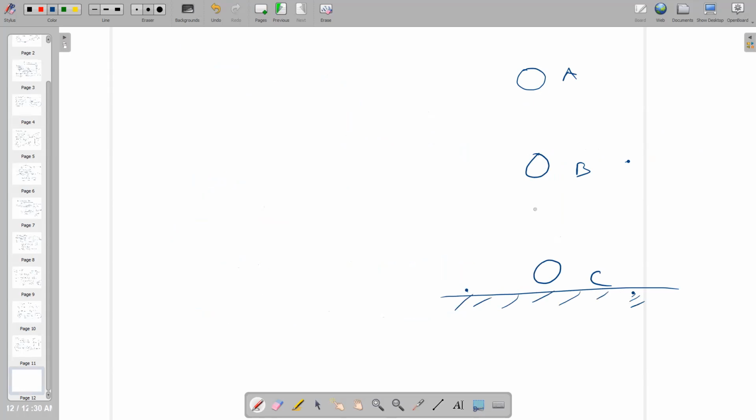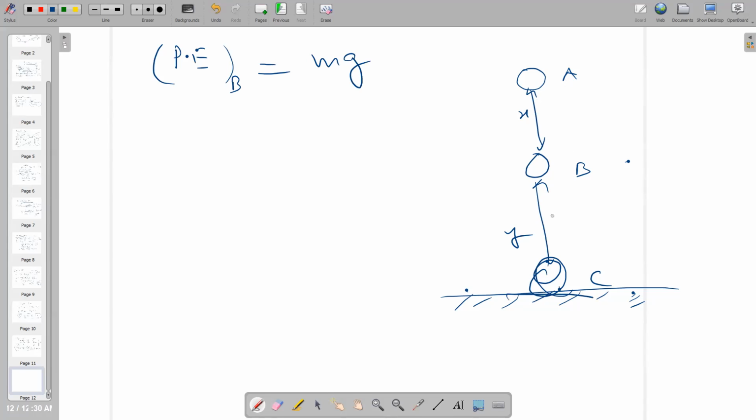This is the ground, and this distance is Y from here, and this is X. Now the body is moving from A to B. At point B, the potential energy will be equal to mg, and from the ground its distance is Y.